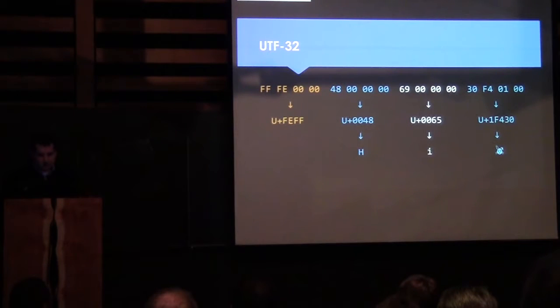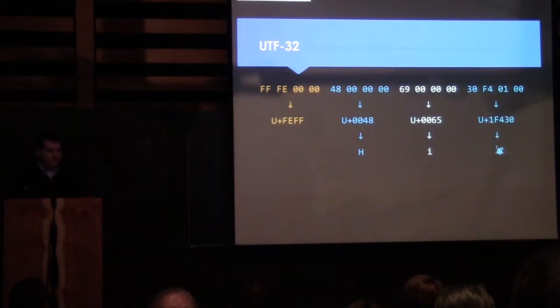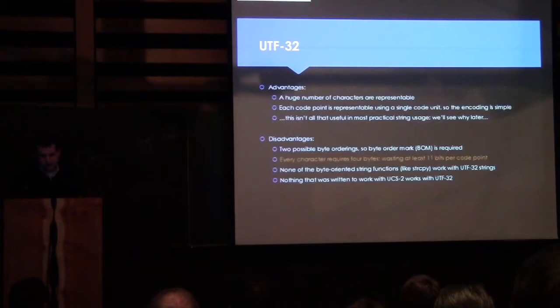When the code space was expanded, the first 65,000 some odd characters that were already part of Unicode are what's called the Basic Multilingual Plane. The idea is that all of the commonly used characters are there, and we'll see why in a moment. And then there were 16 or 17 other planes beyond that that store supplementary characters. Most of those are not used yet, but they're available for future expansion of the character set.